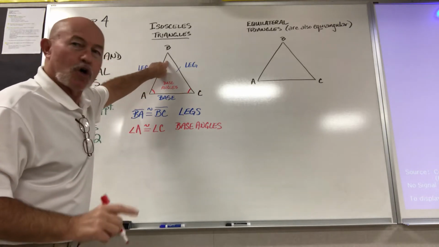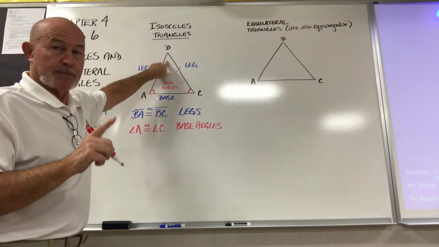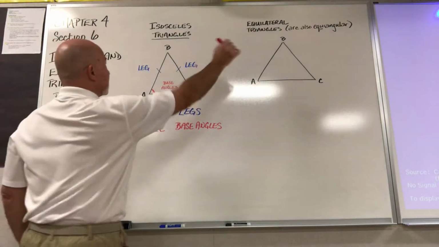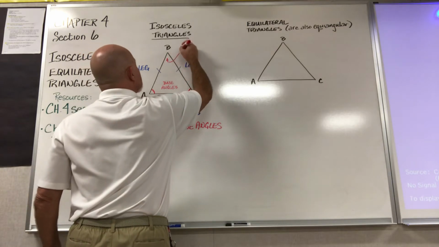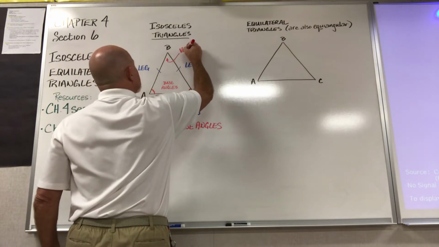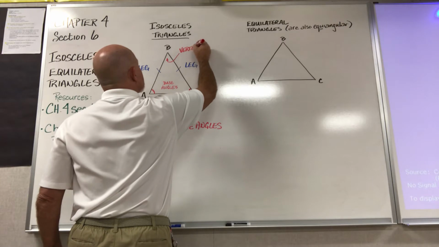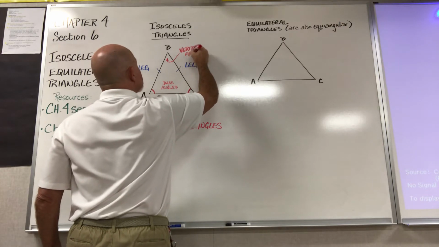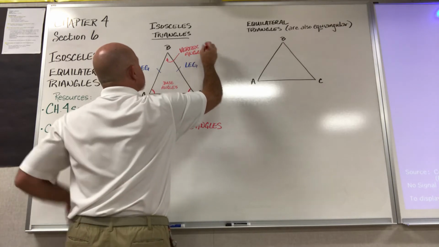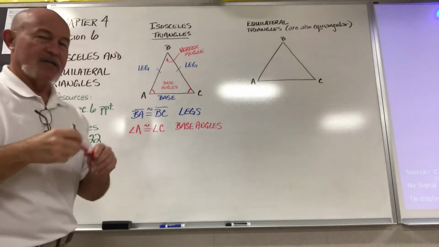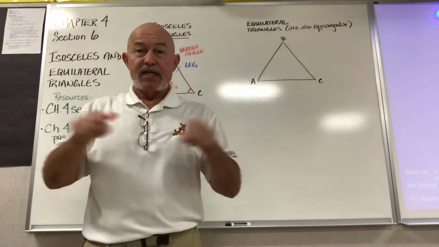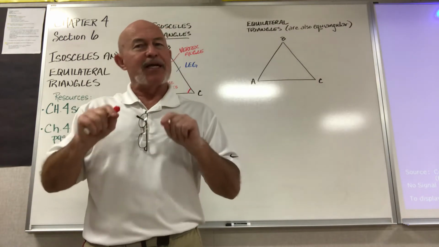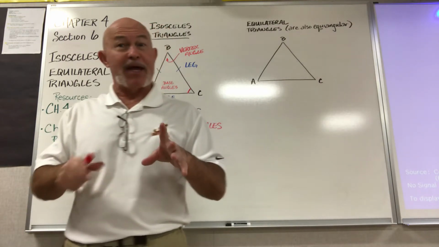And this is called the vertex angle, okay? The vertex angle. Now the vertex angle is important because it is the one that is not equal to the other two. And it's going to give you a lot of information.